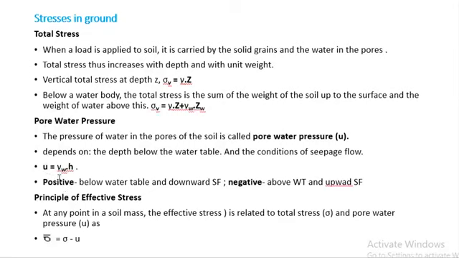Here the formula is U is equal to gamma W into H. The sign will be positive when it is below the water table, and if there is a downward seepage flow, and it will be negative if the soil is above the water table and there is an upward seepage flow. Effective stress principle: effective stress means sigma minus U, total stress minus pore water pressure.